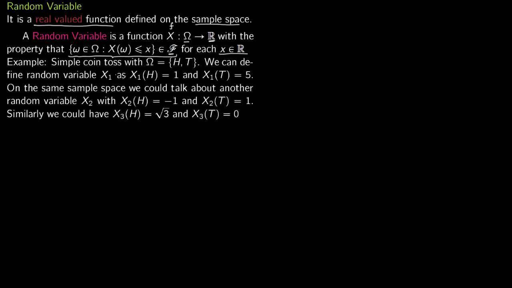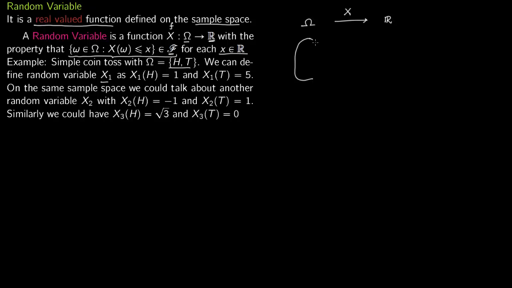So let us do some examples. Say you have simple coin toss, your sample space is head and tail. So you can define a random variable x1 as follows. If you get head, it takes on value 1. If you get tail, it takes on value 5. So let us just draw this. Again, you go from omega to real numbers. So the random variable will go from sample space and take you to real numbers.